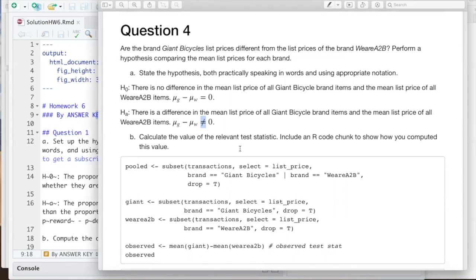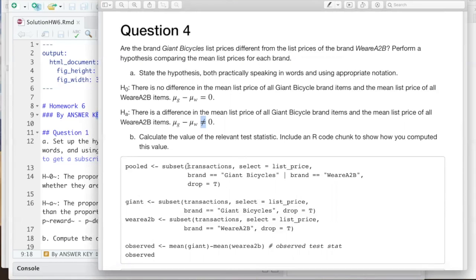And so the tricky part in question 4, as well as in question 5, is how does the permutation resampling work when we're doing a test for a difference from 2 independent populations? We first assume that there was no difference between these 2 samples, and so we just pooled them together.